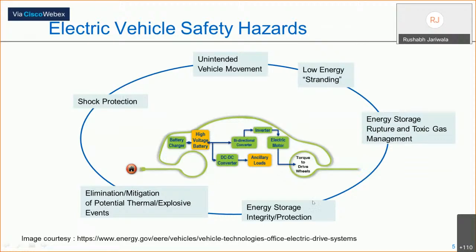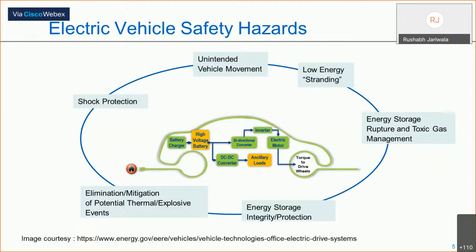There are even technologies in which the electric motor is integrated into the wheels, but let's say an electric motor for propelling the wheel, and then there is an inverter which typically runs off the HV battery, and then a bidirectional converter, sometimes a DC-DC converter, auxiliary loads, HV battery, and battery charger. So in a way it is a pretty simple system, but within this there are some novelties that we introduce because of the altogether change in technology.